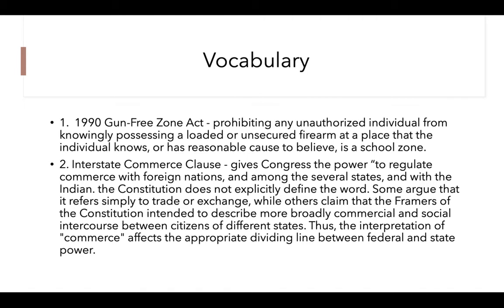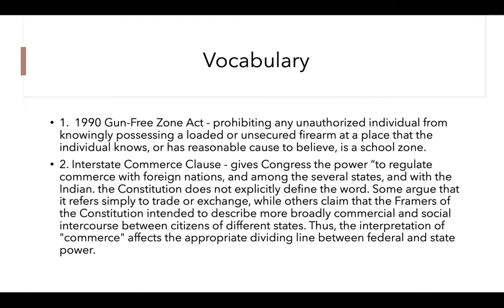In other words, any type of exchange, maybe of ideas, perspectives, services, goods, things of that nature. Everything encompassing some type of exchange would be considered commerce.